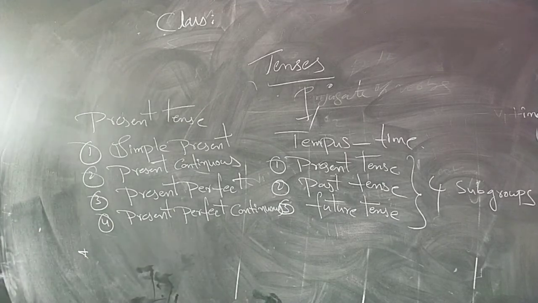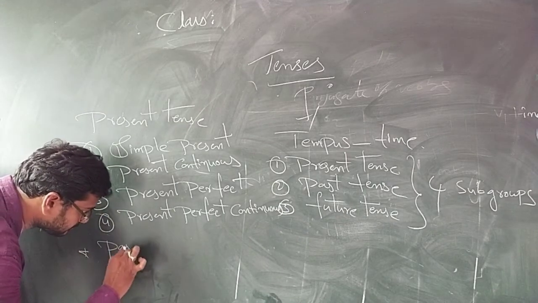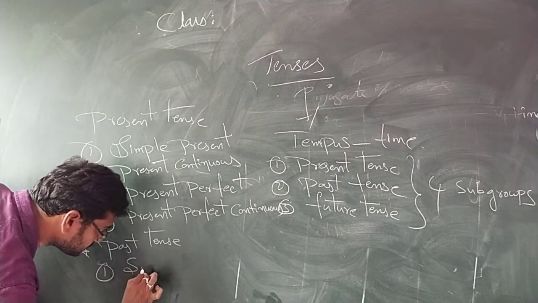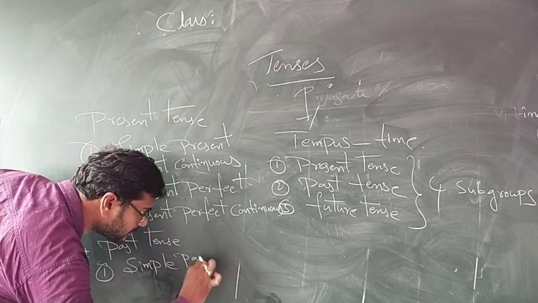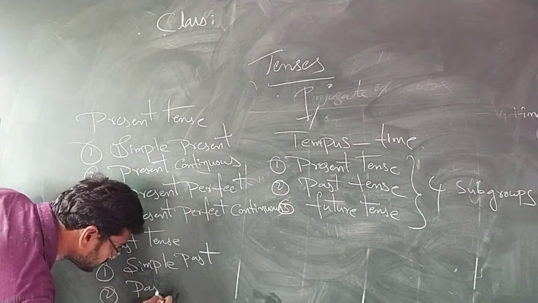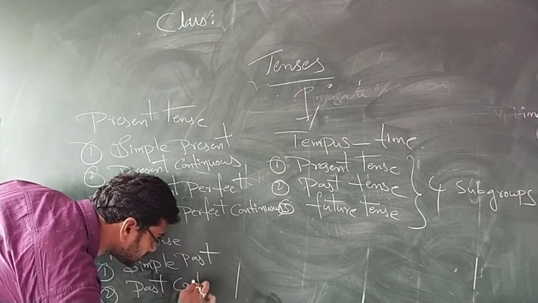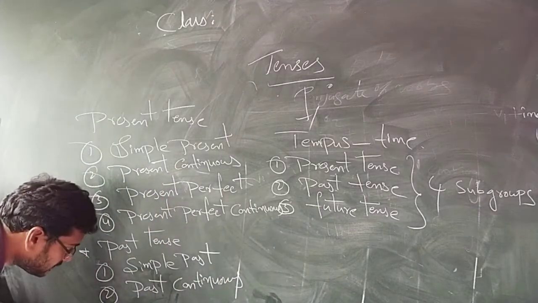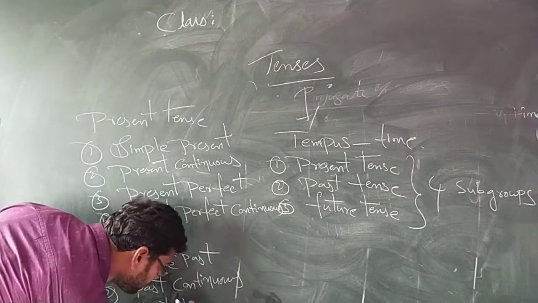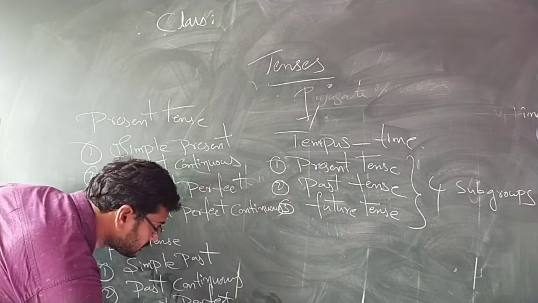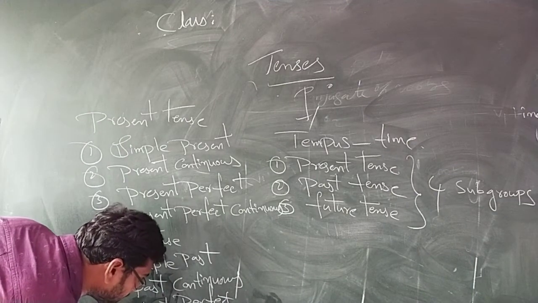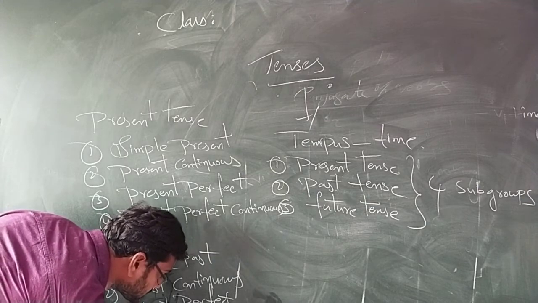Similarly, in the past tense, first one is simple past, second one past continuous, third one past perfect, fourth one past perfect continuous tense.